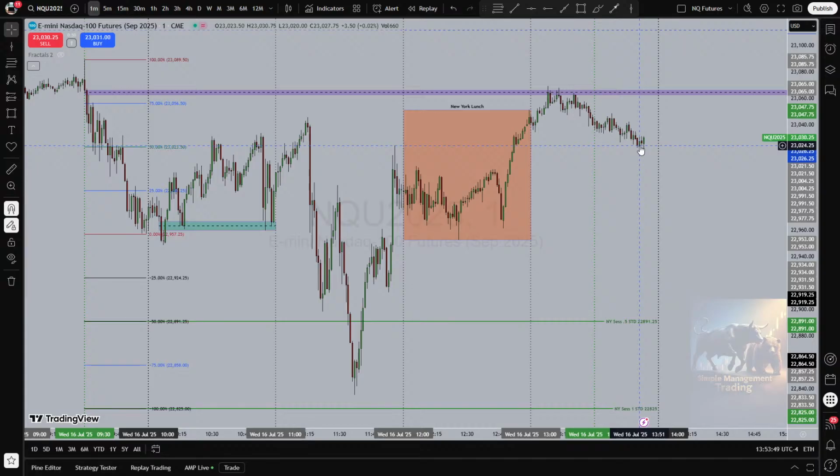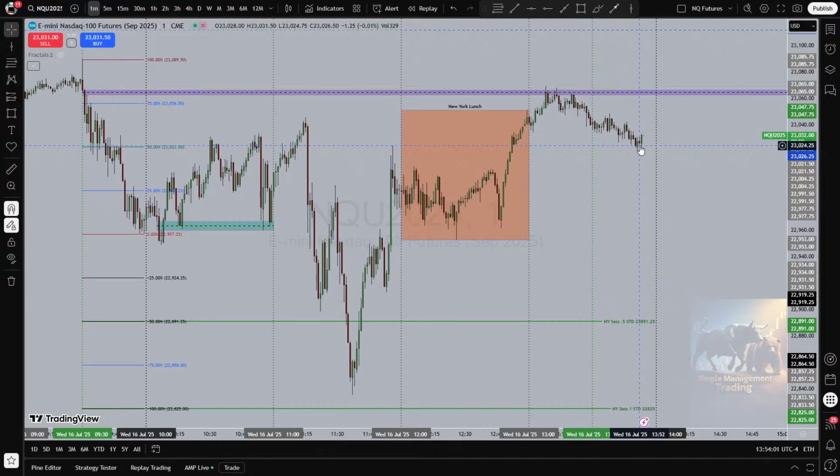I keep calling them pips, but they're points. It's futures, not forex. Yeah, by 3.5 points.